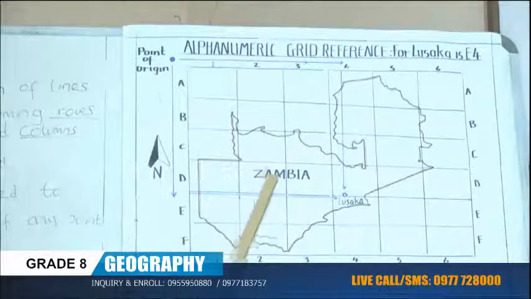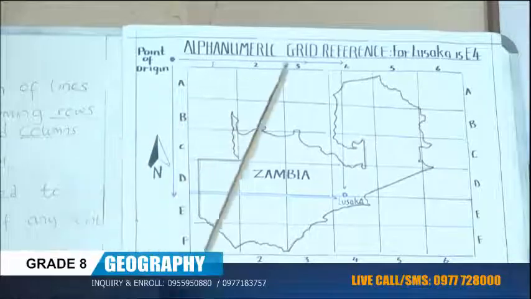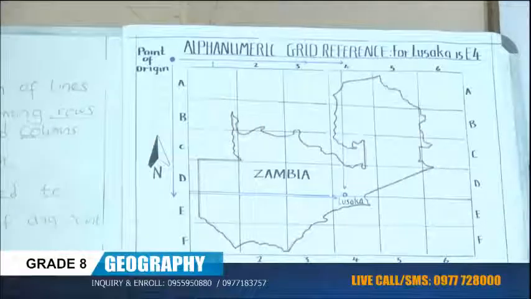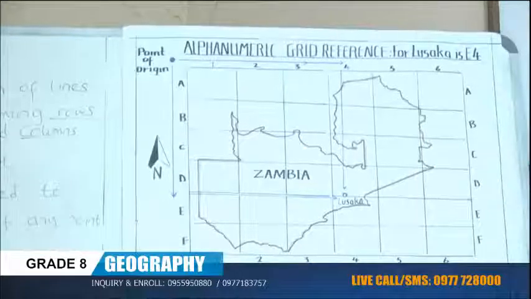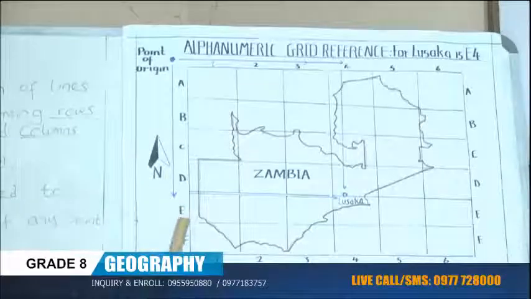So let us get some help. Let's see where Lusaka is found. You can refer to this chart. We should first follow which letter, which row.